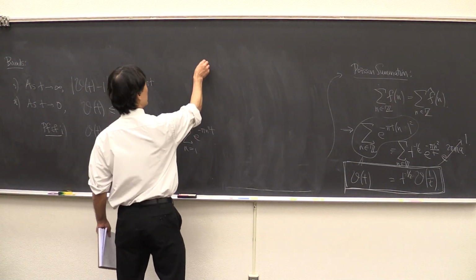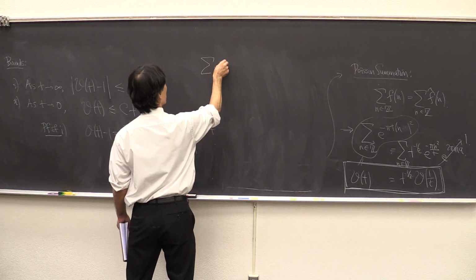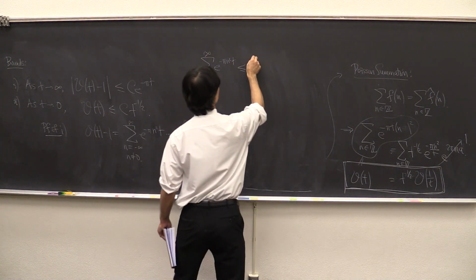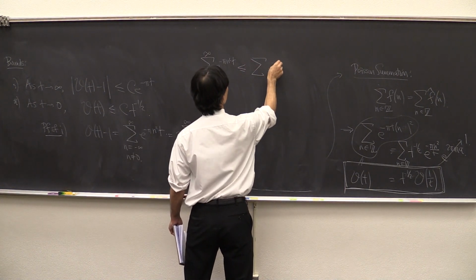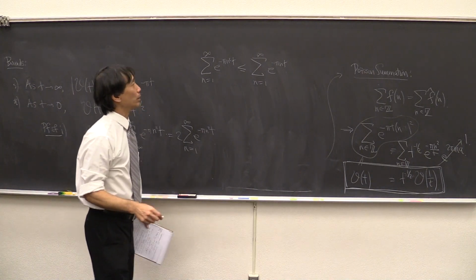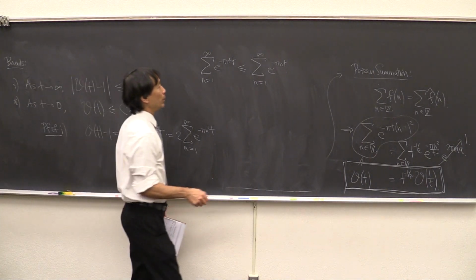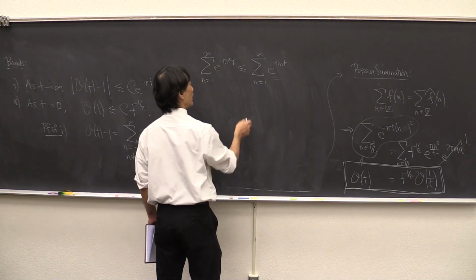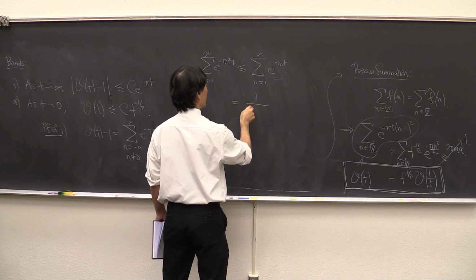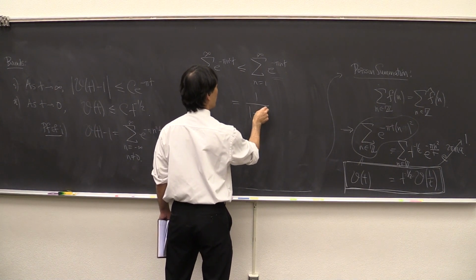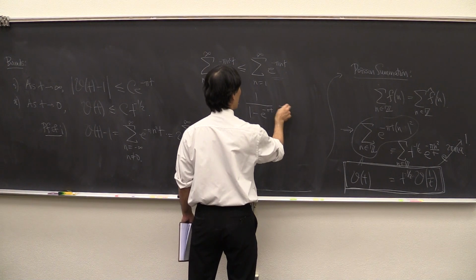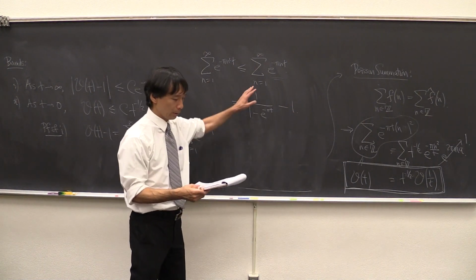Now this thing, e to the negative pi n squared t summed from 1 to infinity, is bounded above by e to the negative pi n t, because n is smaller than n squared. But now this is a geometric series, so we get 1 over 1 minus e to the negative pi t, minus 1, because we're missing the zeroth term.